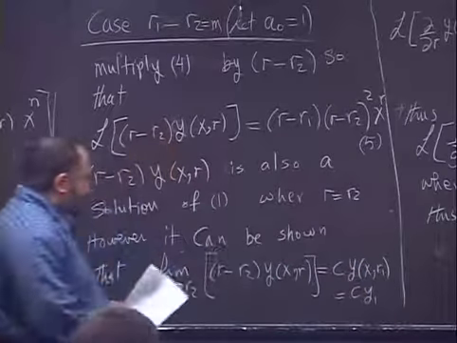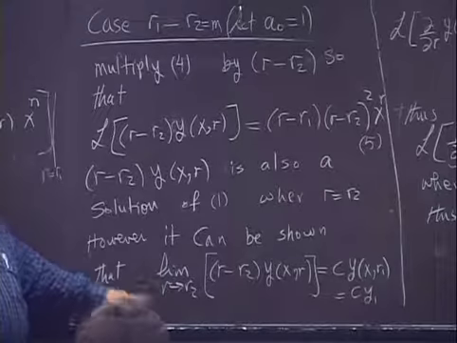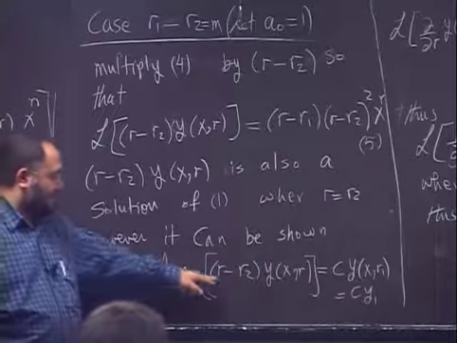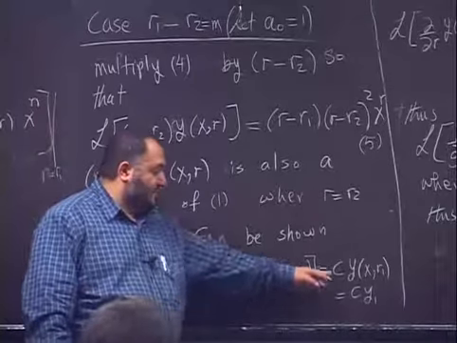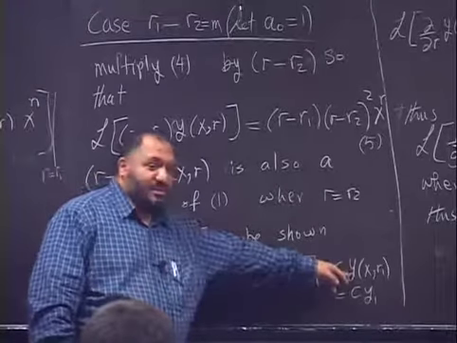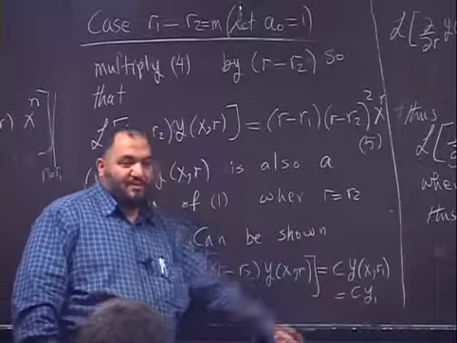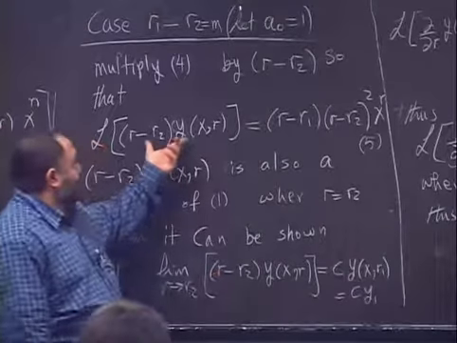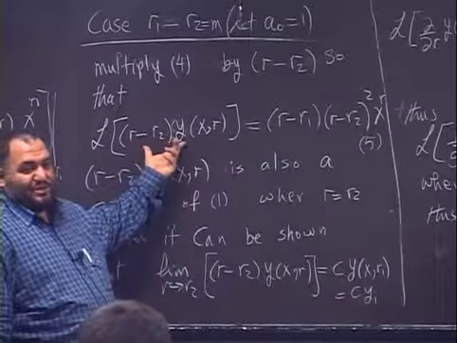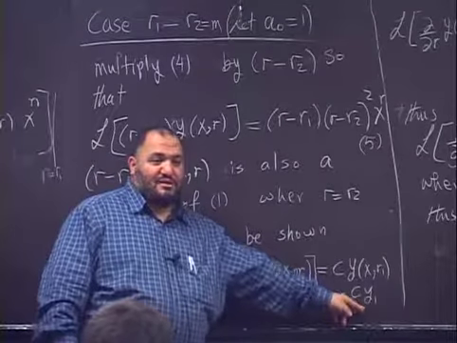What does it mean now? I will not give the proof here, but it can be shown that if you take the limit for r minus r2 multiplied by this function y of x and r, it will give you some constant multiplied by y of x and r1, which is c multiplied by y1. So what does it mean? It means that what we look here as a solution is just some constant multiplied by y1.